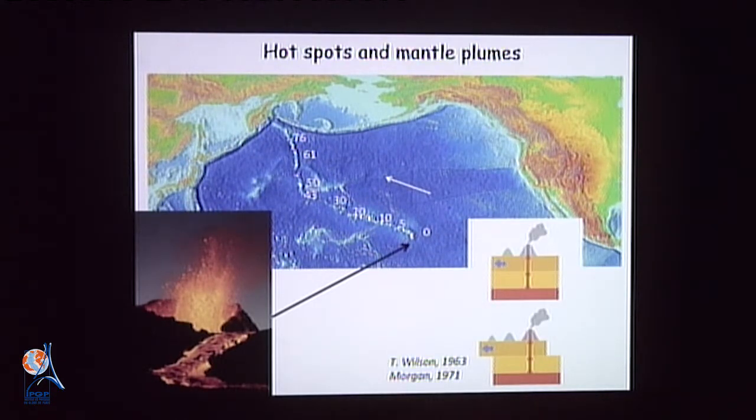And as you know, a theory for the occurrence of these hotspots in the middle of tectonic plates was proposed by Tuzo Wilson first and then by Morgan, that these were fixed plumes in some boundary layer inside the Earth, which provided fixed upwellings over which the plates move. And Morgan's contribution was to suggest that this boundary layer was at the core-mantle boundary.